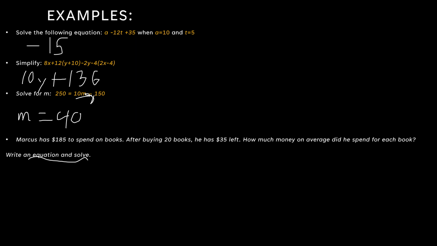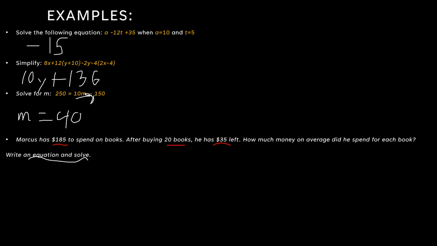Now, we can write this one of two different ways in order to make it work. Our main focuses are on the fact that he has $185, he bought 20 books, and he has $35 left. So, we can set this up with two different potential answers, or even three.